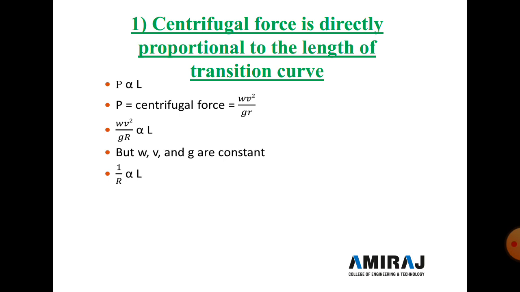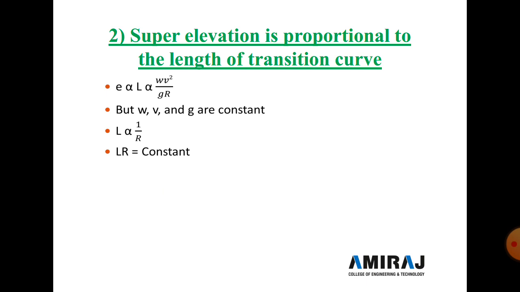So first we discuss that the centrifugal force is directly proportional to the length of the transition curve. So P is directly proportional to L. P, the centrifugal force, is WV square divided by GR, directly proportional to L. But W, V and G are constant values, clear. So 1 upon R is directly proportional to L, which means R is inversely proportional to L.